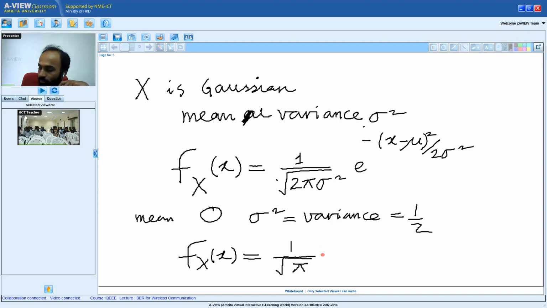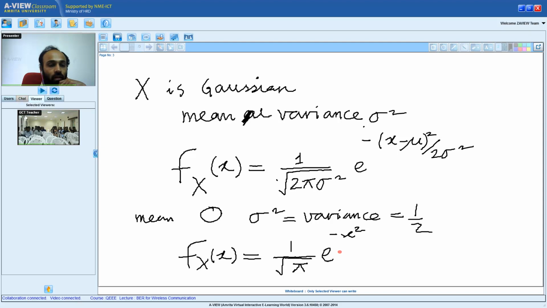It is 1 by square root of pi, e power minus (x minus mu) whole square, but mu is 0, so x square. Calculate carefully.